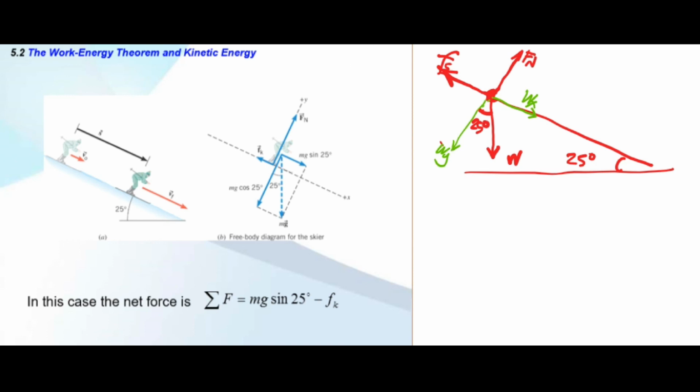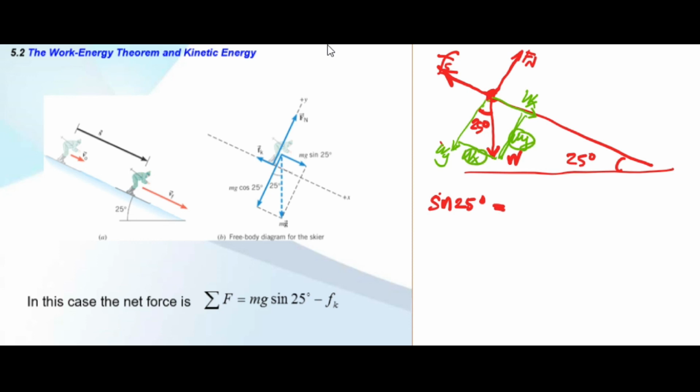So if you'll try to look for Wx, sine 25 is equal to the opposite side over the hypotenuse.